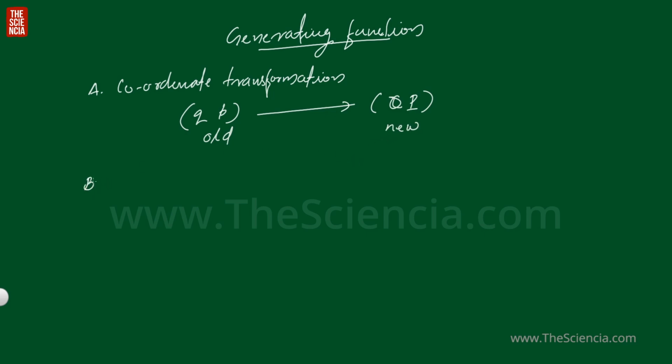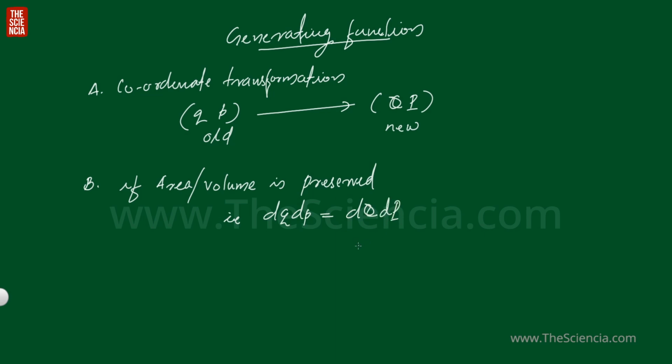And in a coordinate transformation, if area or volume is preserved, that is dq dp is equal to dQ dP, then we call this a canonical transformation.